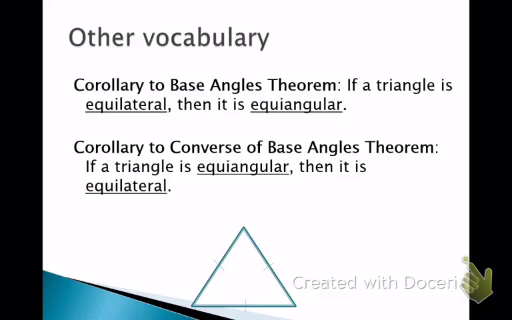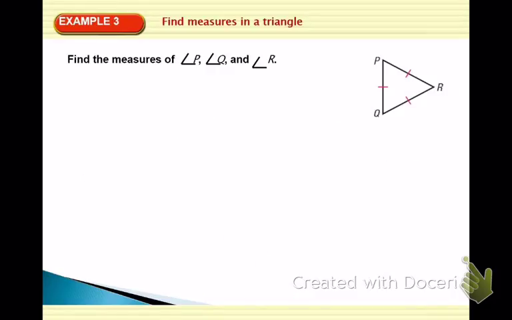All right? So some uses for this. Find the measure of angle P, Q, and R in this triangle here. Well, the triangle is an equilateral triangle. All the sides are the same, so all the opposite angles are going to be the same. I don't know what any of these angles are, so I'm going to let them all be x, since they're all the same. I do know that the angles of a triangle have to add up to, you guessed it, 180.